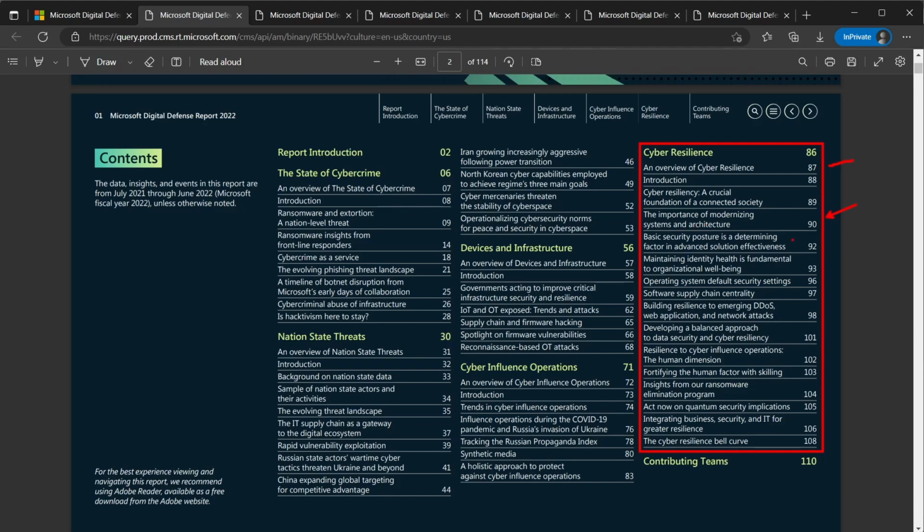And of course, in this section, one of the most impactful parts if you're protecting your environment is basic security posture. What are the 5 key takeaways for basic security posture that can greatly enhance your security? Okay, so now let's jump into the state of cybercrime.